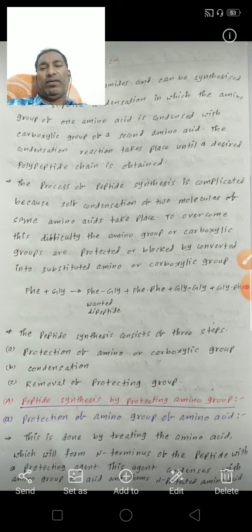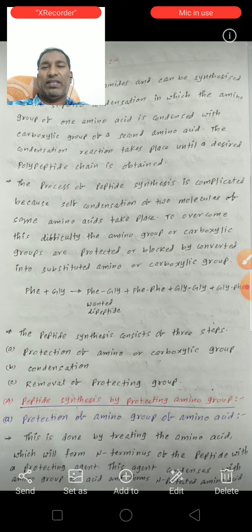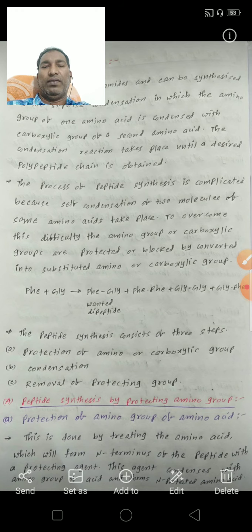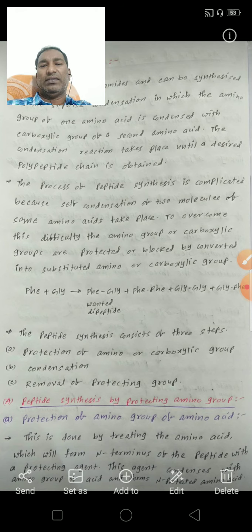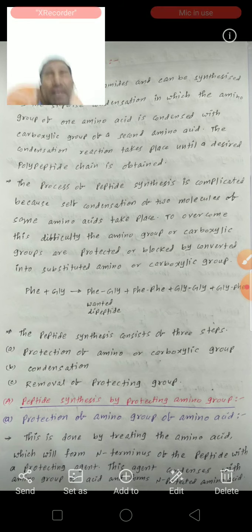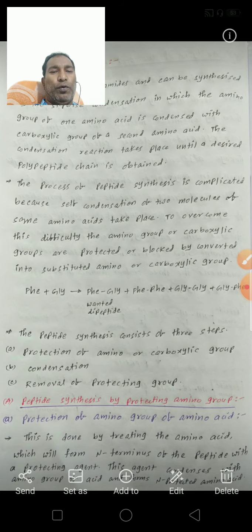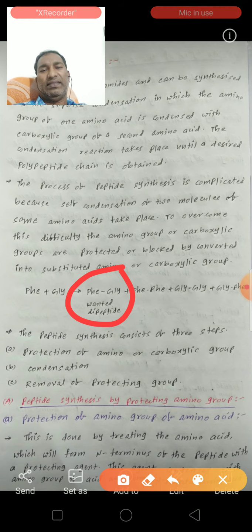This is the dipeptide we wanted. Phenylalanine reacting with 1 mole of phenylalanine, self condensation takes place, giving a phenylalanine dipeptide, and glycine also undergoes self condensation to form a glycine dipeptide. The third one is the glycylphenylalanine dipeptide. So 4 peptides are possible for phenylalanine and glycine amino acids, but we want only the phenylalanylglycine dipeptide.